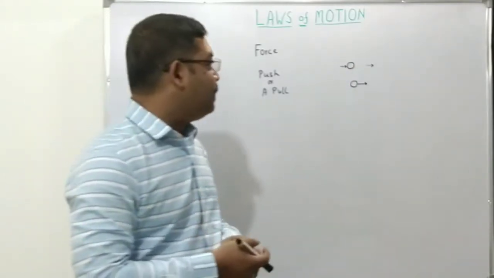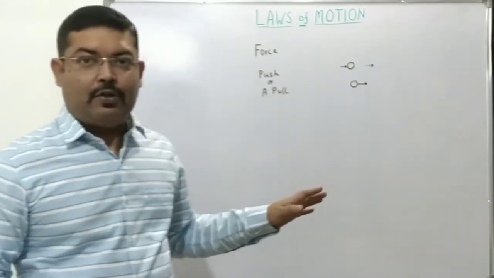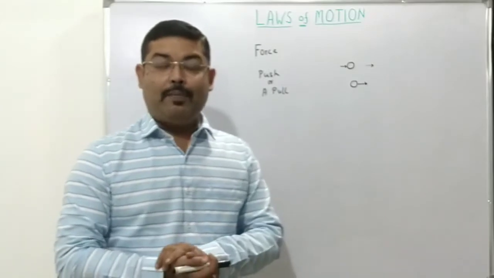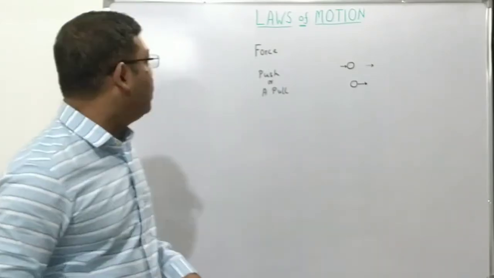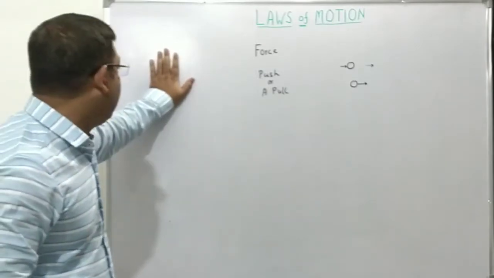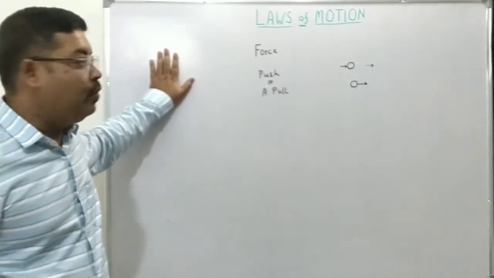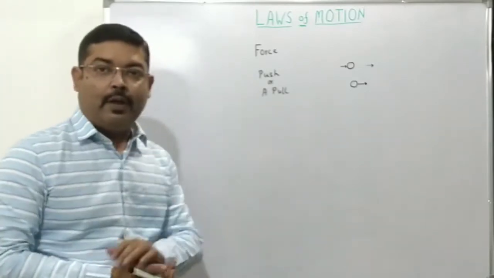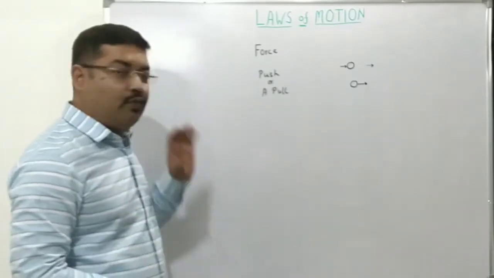Say the ball was stationary, we pushed the ball, it started moving, or it was stationary, we pulled it, it started moving. However, just because we have pulled something or pushed something, it might or might not move. For example, if I push the blackboard here, I am applying a force. However, the board is not moving. My intention is to move it.